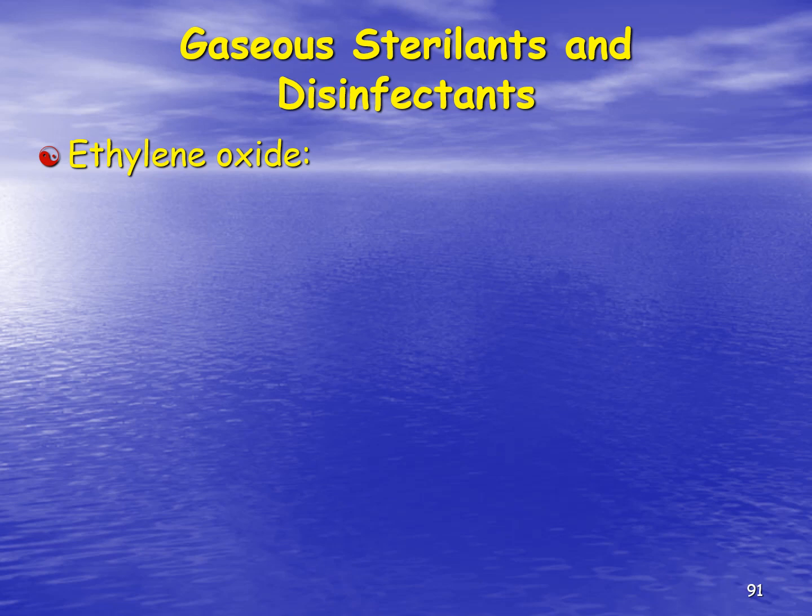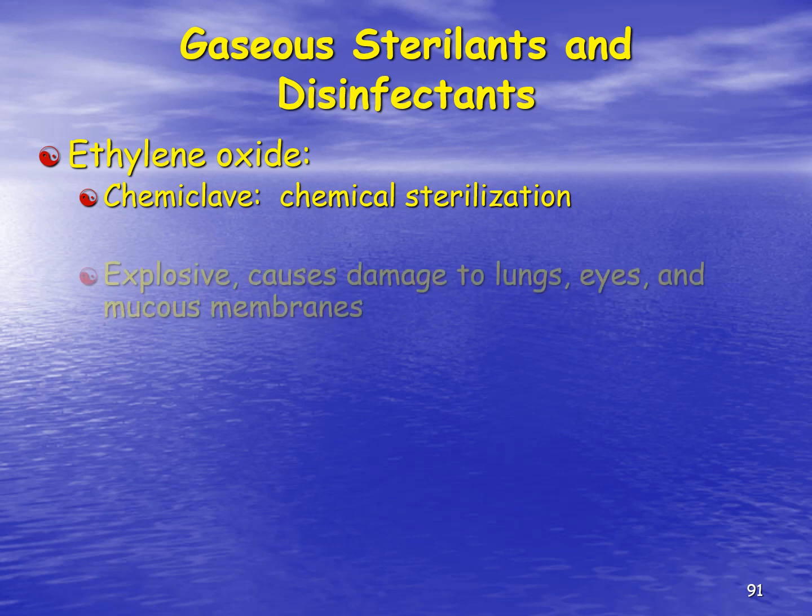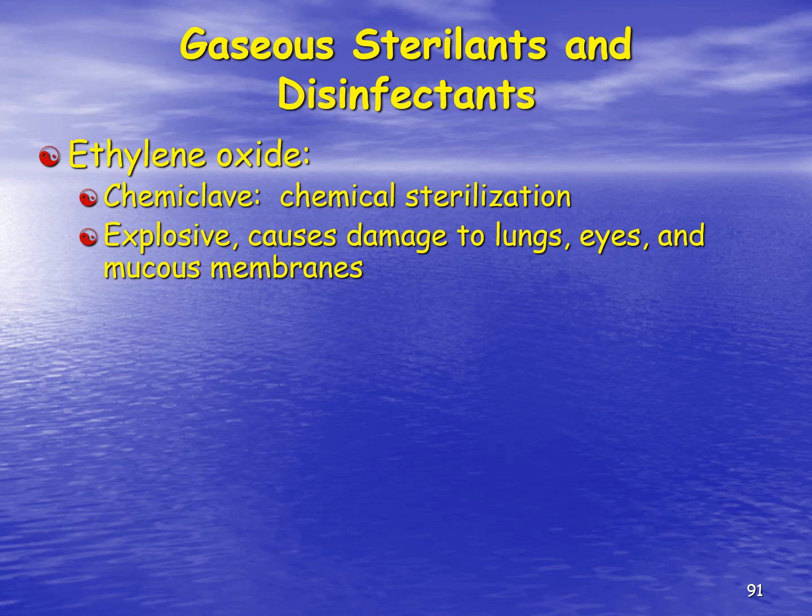Now, gaseous sterilants. Ethylene oxide is probably the most common gas that's used as a sterilant. We have to use a specialized structure known as the chemiclave for ethylene oxide sterilization. Ethylene oxide is explosive and it's very toxic, especially to the lung, eyes, and mucous membranes.